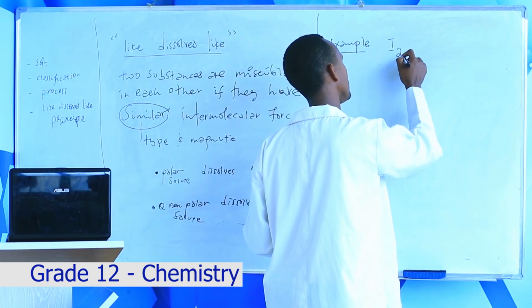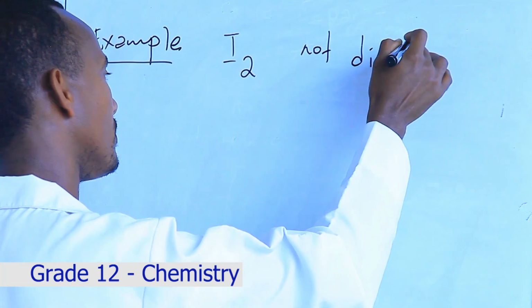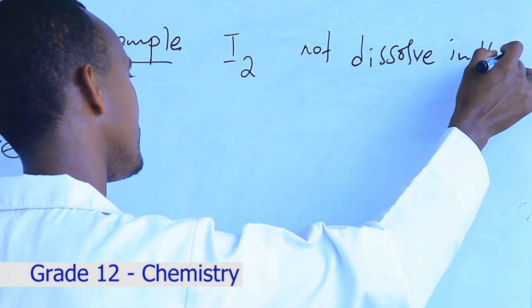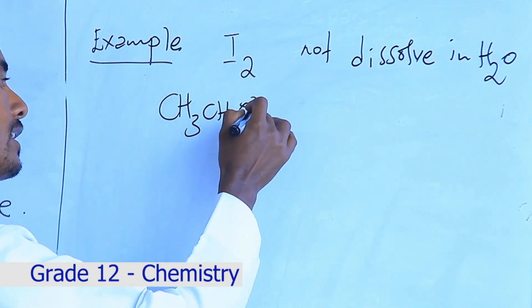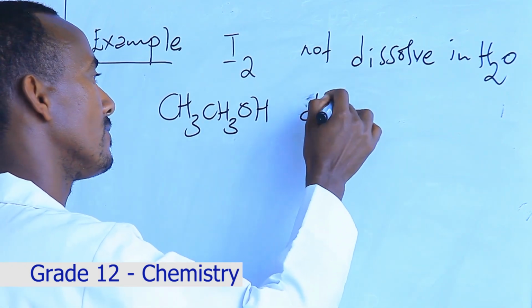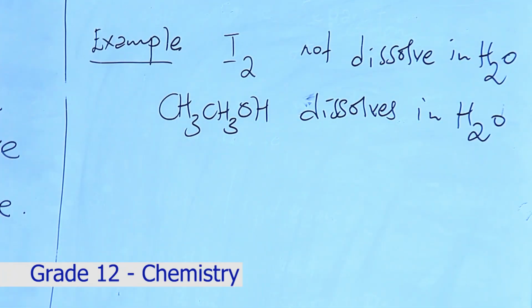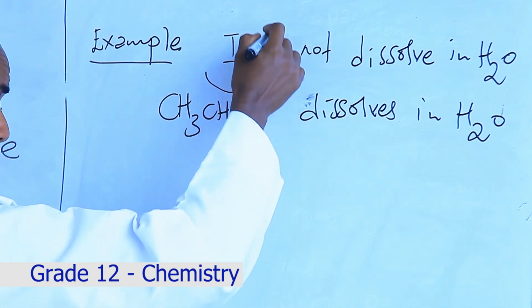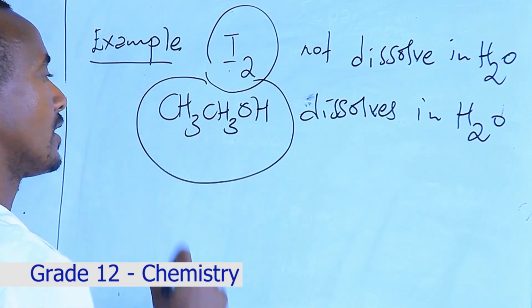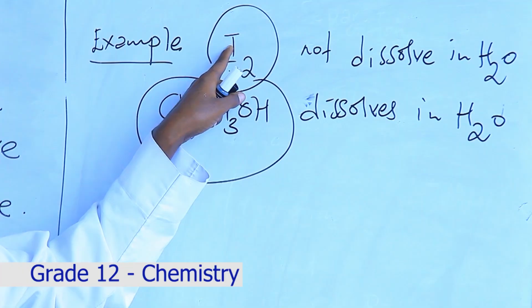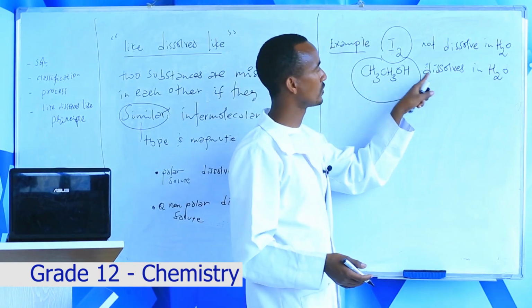Iodine molecule does not dissolve in water. But methanol or ethanol, alcohol, dissolves in water. So if you consider both iodine molecule and ethanol as solids, iodine could not form a solution by dissolving in water, whereas methanol forms a solution by dissolving in water.